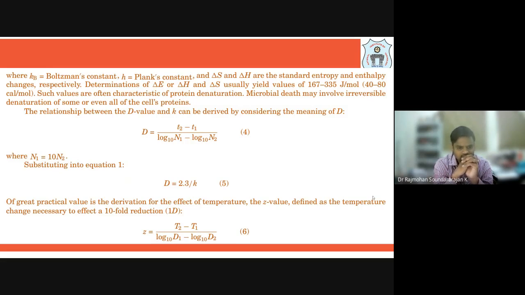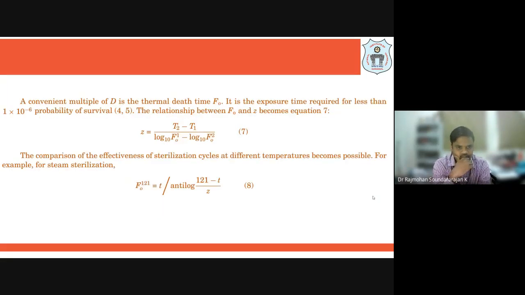Okay. And we have the Z value defined, given by the equation here: (T2 minus T1) by (log D1 minus log D2) at base 10. And we have a convenient multiple of D, the thermal death time, which is given by F naught. It is the exposure time required for less than 1 into 10 power minus 6 probability of survival.